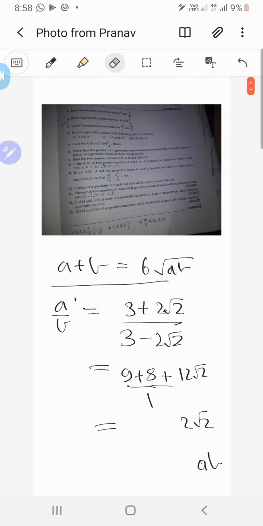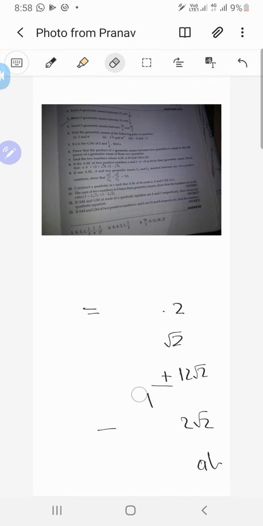Okay, so the next question is: if the AM and GM of the roots of a quadratic equation are 8 and 5 respectively, then obtain the quadratic equation. In the last question itself, I think we did this.